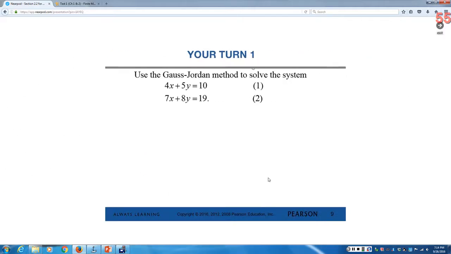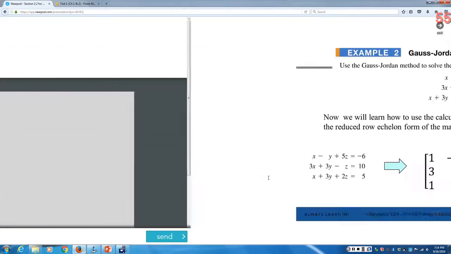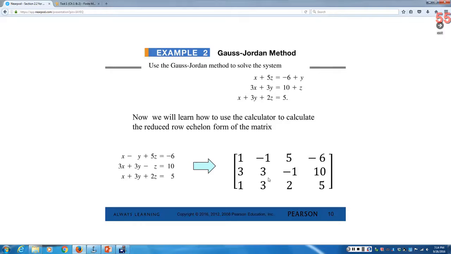We're going to use Gauss-Jordan to solve this system, but I'm not going to make you solve it by hand this time. I'm going to skip ahead and then we're going to come back to solve that other problem I have in there. We're going to use the calculator to learn how to do this. We're going to solve a system of 3 equations with 3 unknowns.